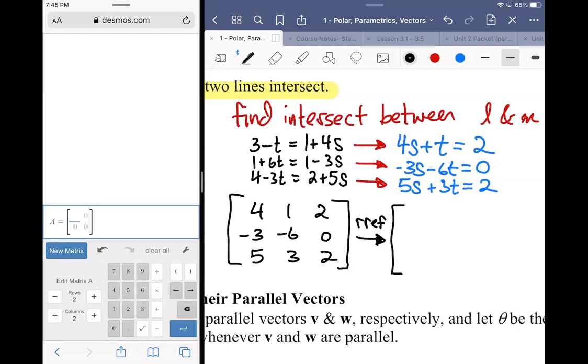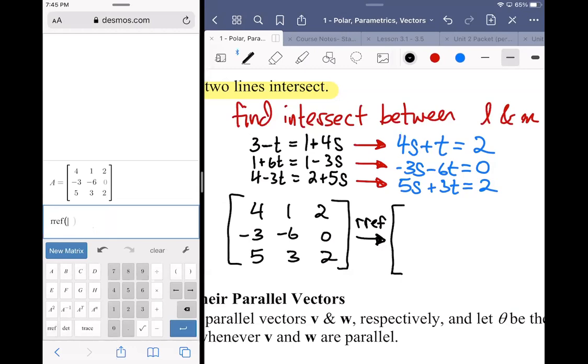All right, so new matrix, we're going 3 by 3, 4, 1, 2, -3, -6, got the 0, 5, 3, 2. So now lock that in, and then you just select the ref function, right?